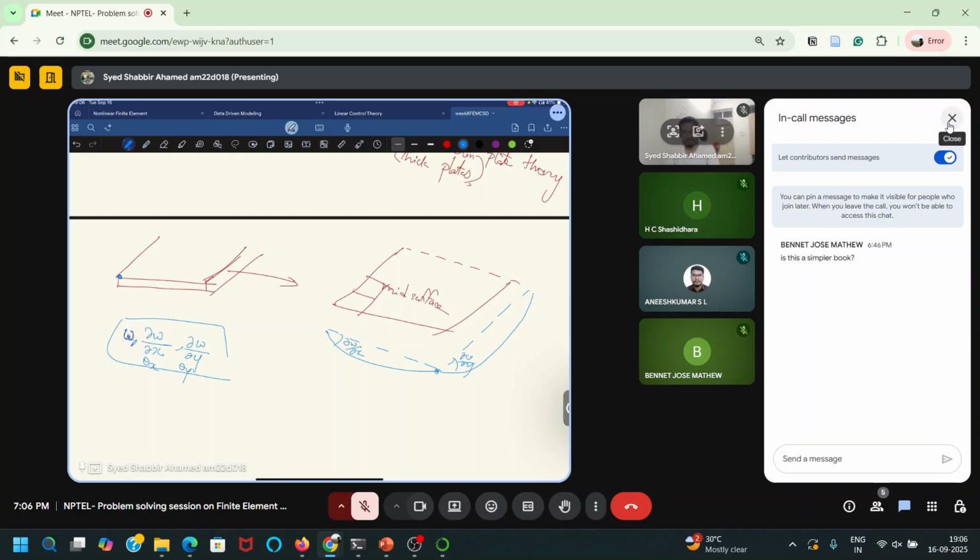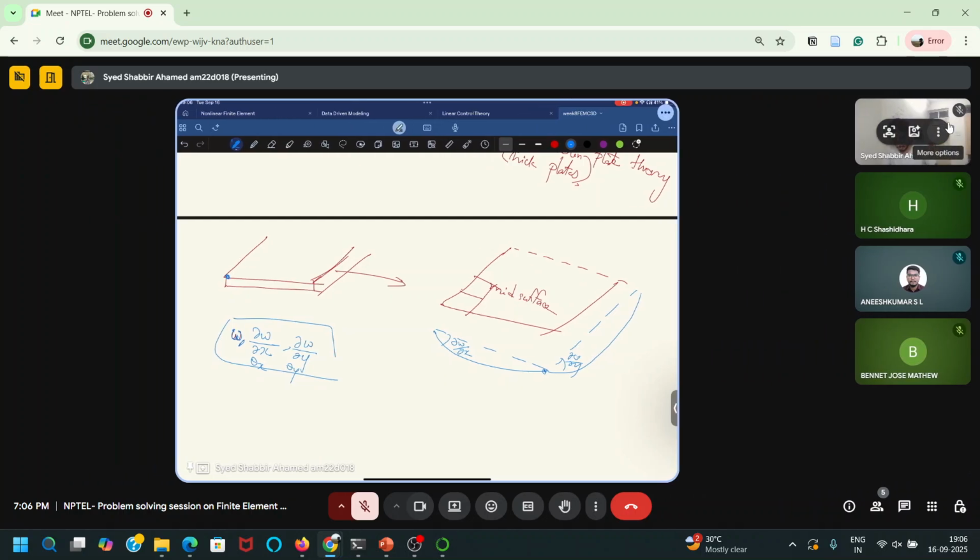When you read Kirchhoff plate theory, you can compare it with Euler-Bernoulli beam theory. You can also see that here the rotations are derivatives of the transverse displacement. When you go to Reissner-Mindlin plate theory or first order shear deformation theory, this will not be equal to these derivatives, because we will include shear deformation there.